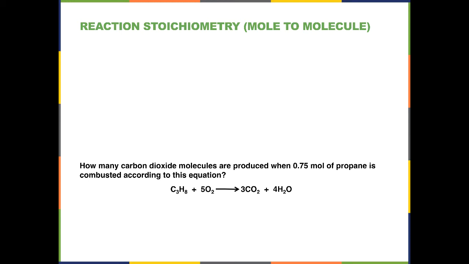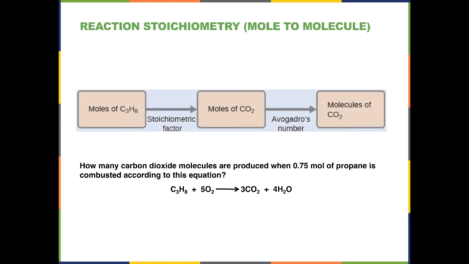You see you have one molecule of propane reacts with 5 molecules of oxygen to form 3 molecules of carbon dioxide and 4 molecules of water. So the moles of propane you use the stoichiometric factor, which in this case is 3 over 1, to find the moles of carbon dioxide.